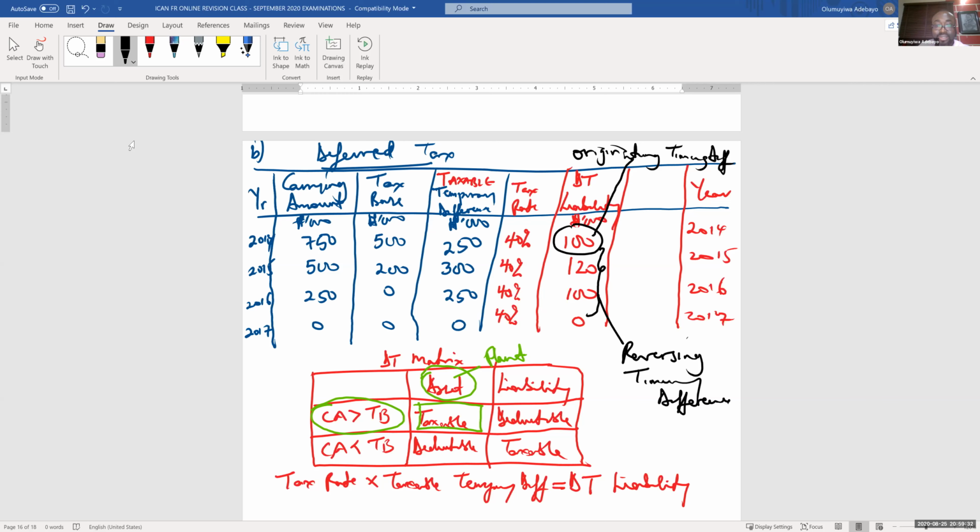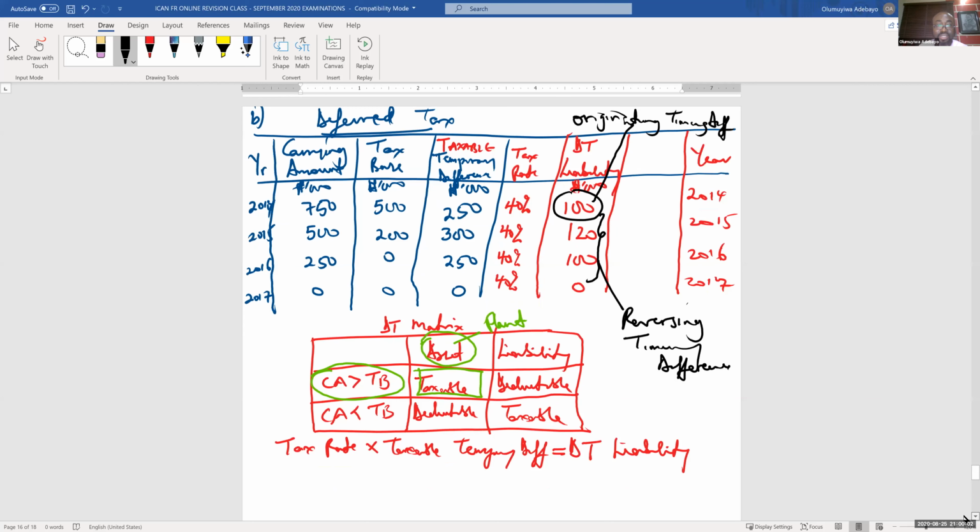Okay, in this case now, we've determined our deferred tax liability. But the question as asked is talking of deferred tax for financial, income statement, which means what is a deferred tax that we are going to report as an expense or as a credit in our income statement. In that situation, what do we need to look for?